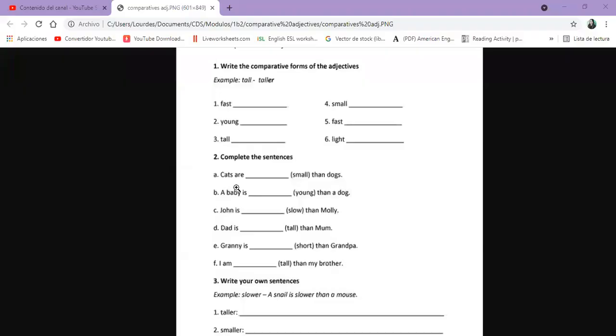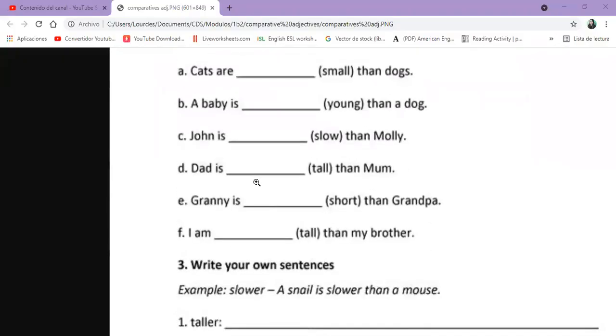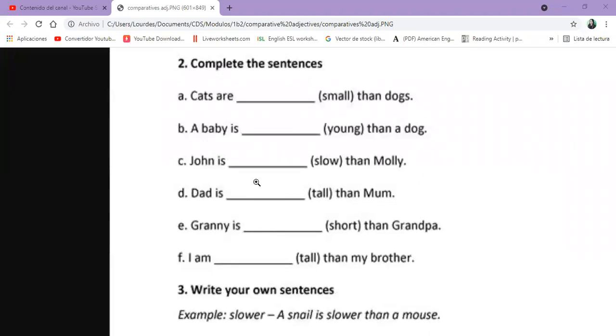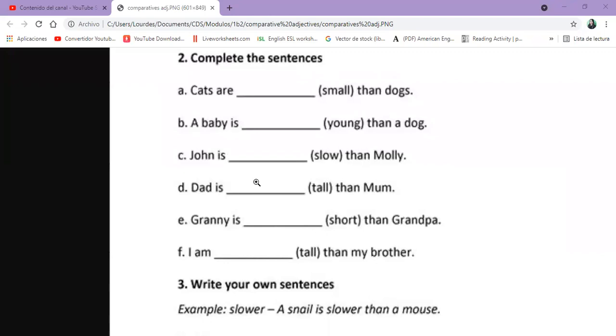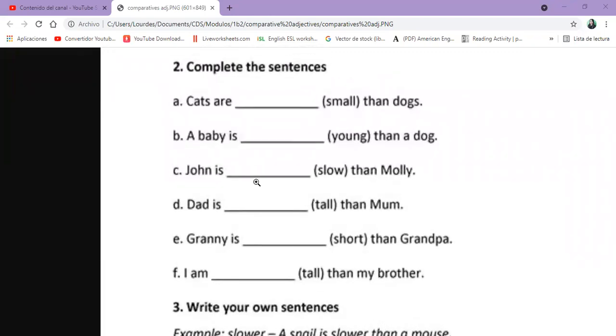Now let's practice. We are going to do exercise number 2. We are going to compare these sentences about animals, people, and professions too.